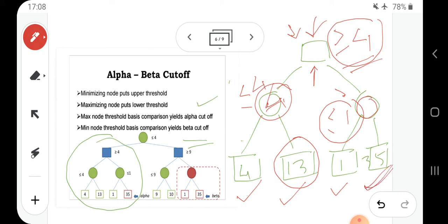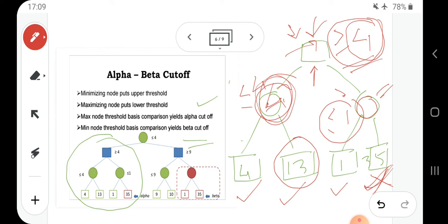Even if the value is higher, no way this node is going to return some value better than 1 or higher than 1. So any value which is 1 or lesser than 1 is of no interest for this particular node, because it has already confirmed something 4 or higher. So 4 is confirmed since this particular node is 4. So here we won't go for the evaluation of this particular portion.